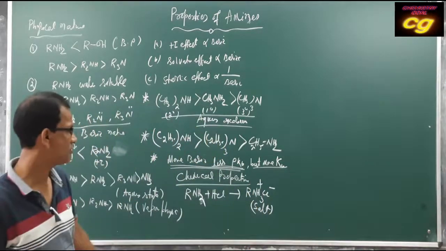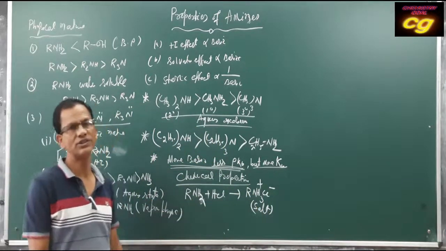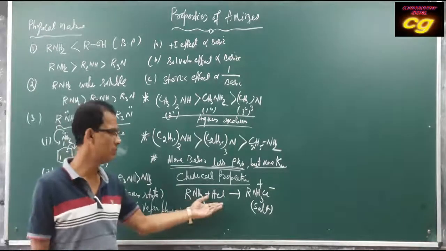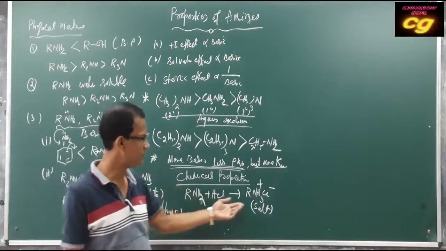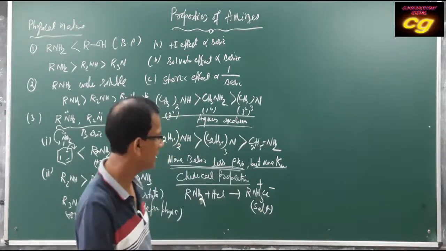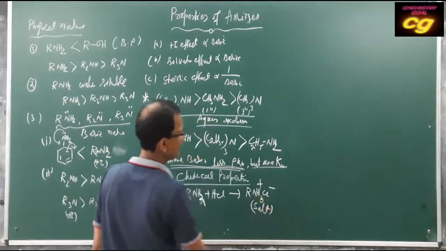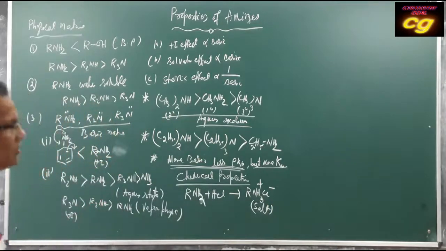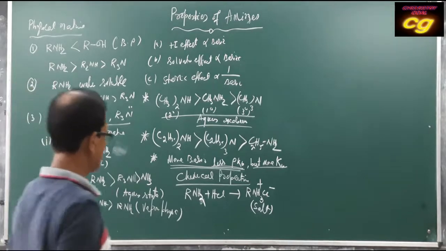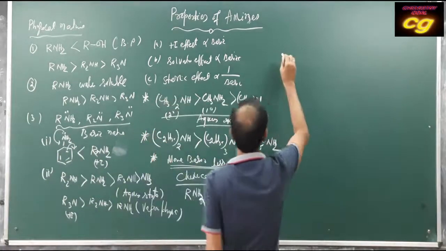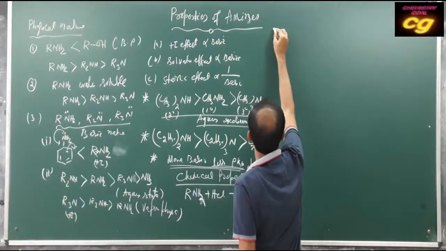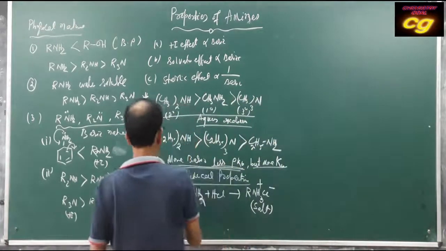That means amines are soluble in dilute HCl. Why are amines soluble in dilute HCl? Because it produces salt, RNH3+ Cl minus. This salt is produced. That's why it is water soluble in acidic medium.